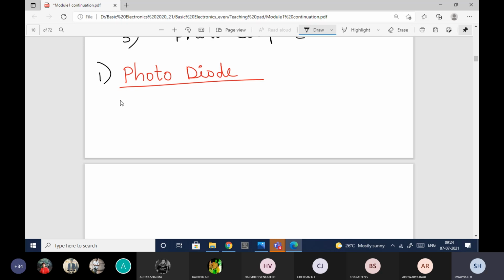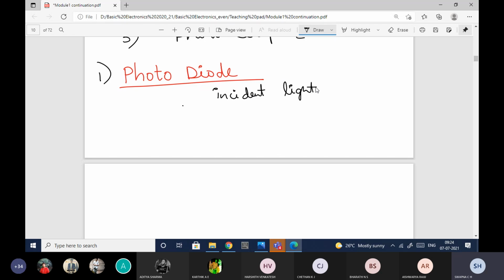I will only explain you. So photodiode, again, it is nothing but the semiconductor device which is made up of P and N type material only. But here the diode will work on the principle of incident light.